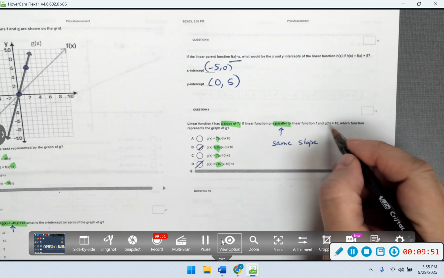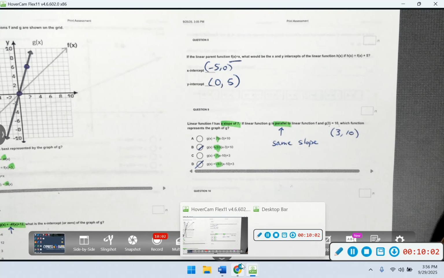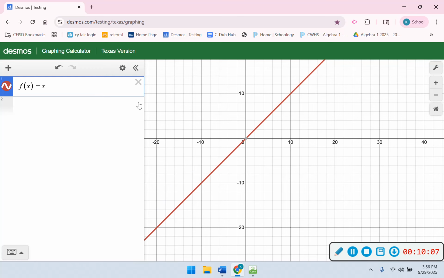And it needs to have the point (3, 10), right? That's function notation. X is 3. Y is 10. So again, use Desmos. Go plug it in to Desmos. So I'm going to keep f of x equals x in there again, or it won't work.